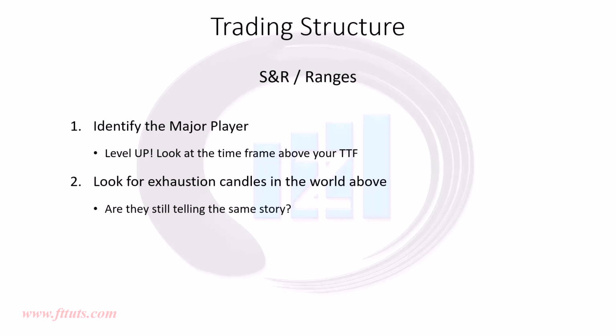We might be getting a real nice long wick and maybe a shooting star on the 1 hour, but if we jump up to the 4 hour and take a look at it, is it still telling us that we're good for a sell? Or was that just a little bit of a pullback and it's still an overall buyer's candle? Okay, do you understand what I'm saying? So we need to look at that. We need to get a little bit of perspective, a little bit of top-down analysis before we jump in that trade.